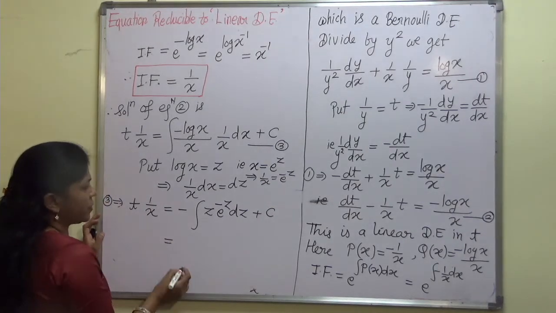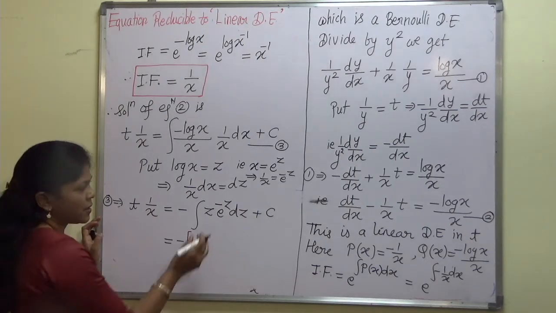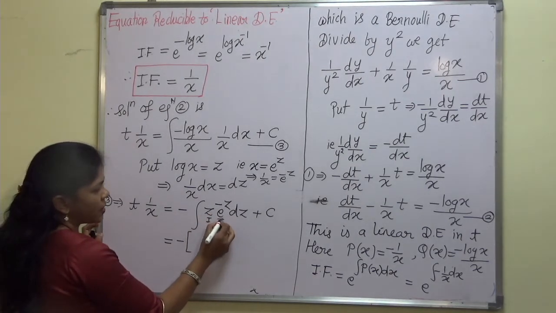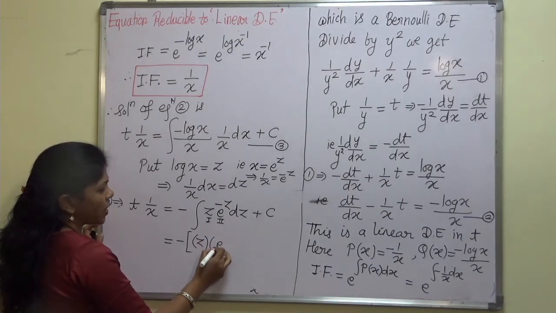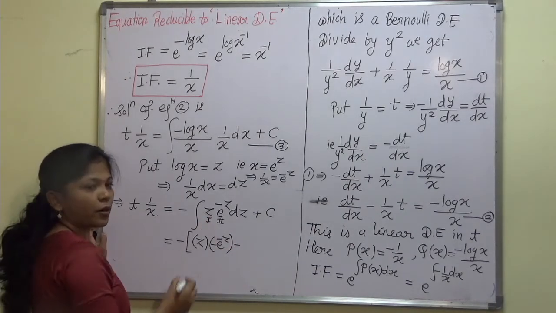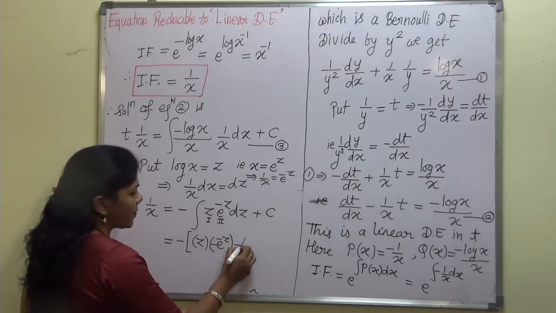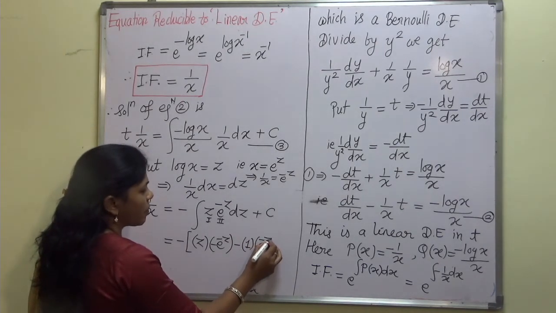So that is equal to, integrate this, apply successive integration by parts. This is the first function, this is the second function. First function, integration of second is minus e power minus z, minus derivative of the first term, which is 1, and integration of this again, that is e power minus z.